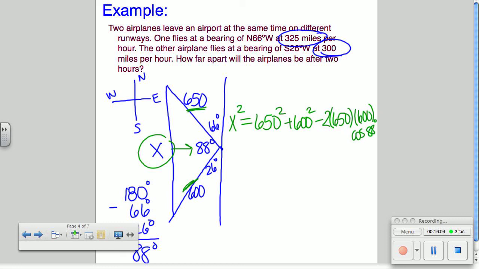I'm going to let you go ahead and use your calculator to try to find the answer to this question, and we'll start class with going over this tomorrow.